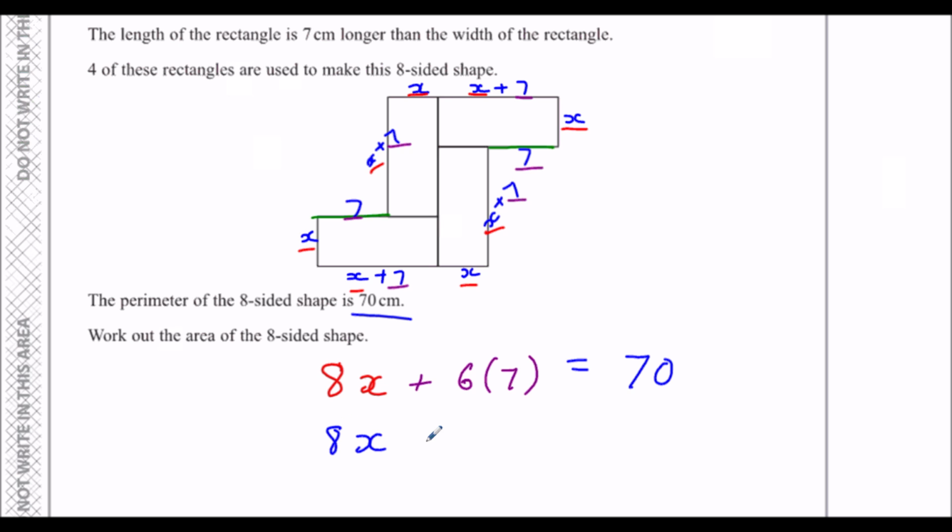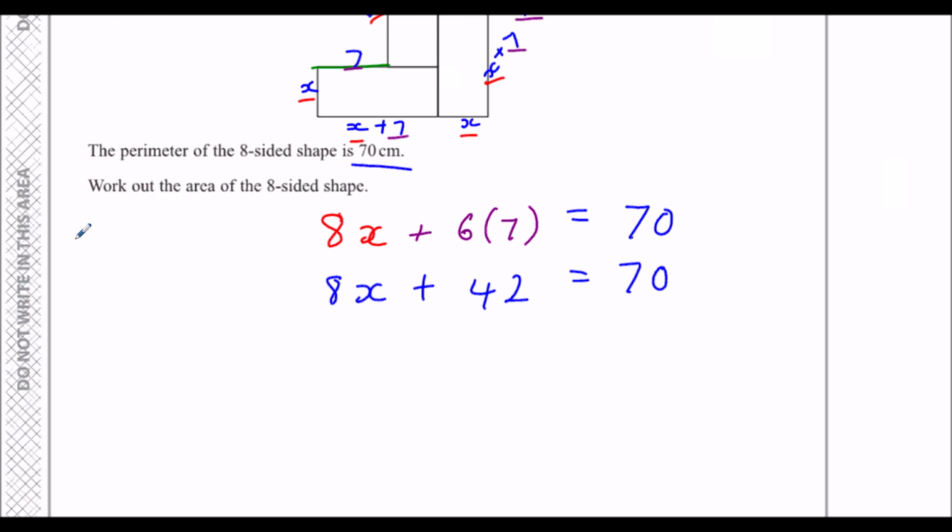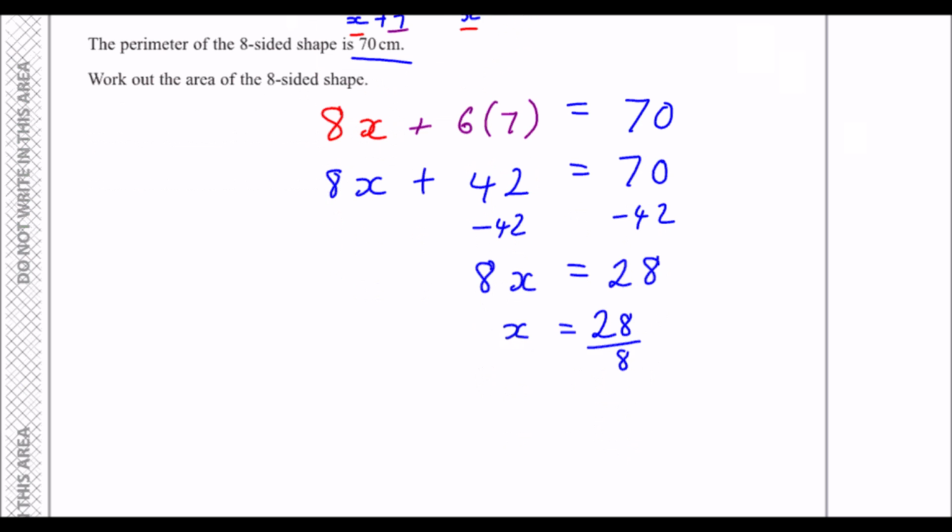So 8 x's plus 6 times 7, which is 42, equals 70. 8x plus 42 equals 70. Now I've got an equation to solve. I'm going to subtract 42 from both sides. That leaves me with 8x equals 28. Divide both sides by 8. 28 divided by 8 is 3.5. So x is 3.5.